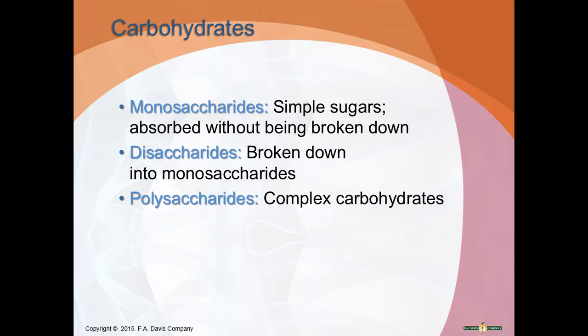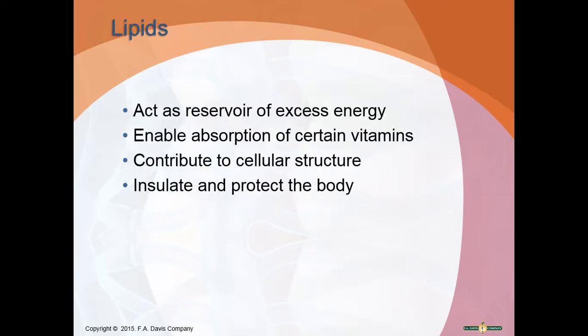Dietary carbohydrates occur in three forms: monosaccharides, disaccharides, and polysaccharides. Examples of monosaccharides are glucose, fructose, and galactose. Examples of disaccharides are sucrose, table sugar, lactose, and maltose. Examples of polysaccharides are starches found in vegetables, grains, potatoes, rice, and legumes. Adults should obtain 40 to 50% of their calories from carbohydrates. So carbohydrates are really important to our diets.